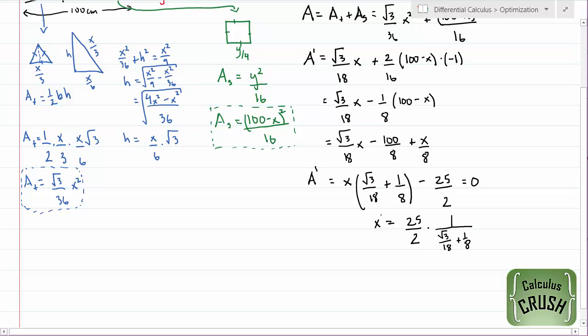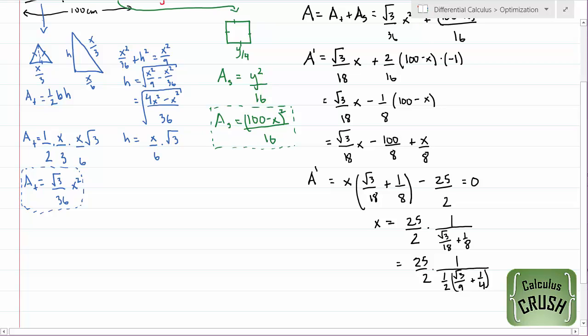This tells us that if x is equal to this number here, let's actually try and simplify this horrific thing here. We'll leave the 25 over 2. But here, I'm going to factor out a 1 over 2. So we have root 3 over 9 plus 1 over 4.